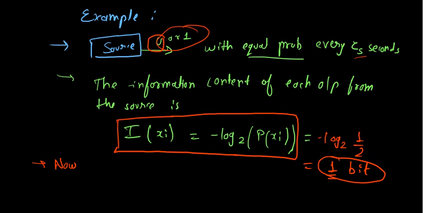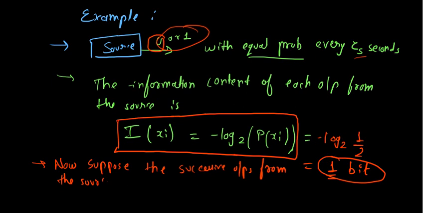Now suppose the successive outputs from the same source are statistically independent. That is, it is a discrete memoryless source.